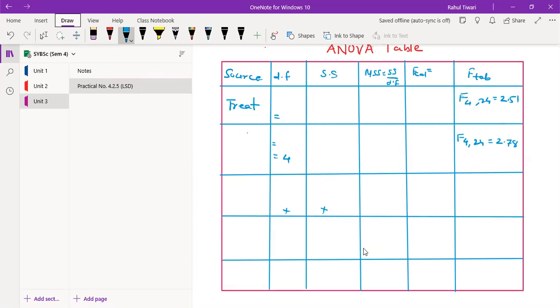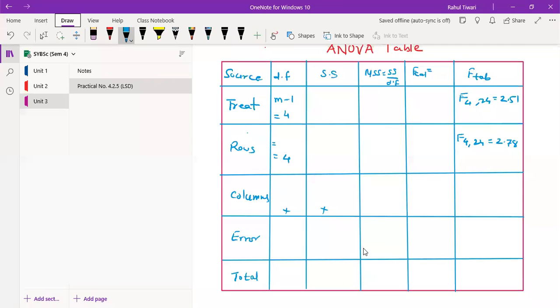So here we have M minus 1 degrees of freedom, which turns out to be 4. So we have a treatment, we have rows, we have columns, and we have an error, and finally we have a total.